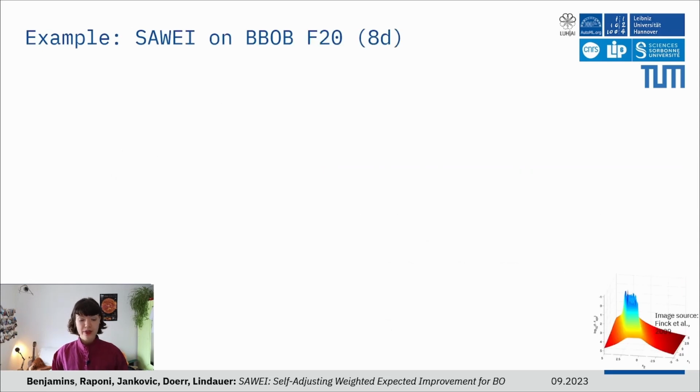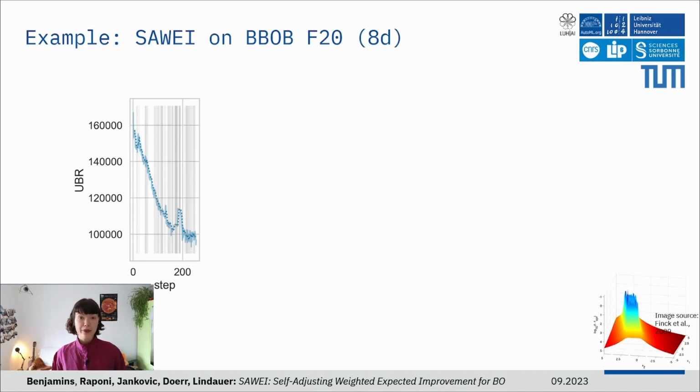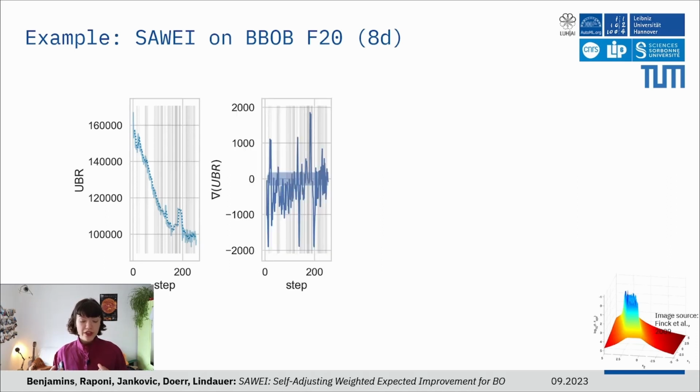Let's check out a small example on the BBOB function 20 in 8D. The function looks like that down below, presented in 2D. We first have the upper bound regret. It goes down in general. It's a little bumpy, so we smooth it also. We check whenever the gradient is approximately 0.